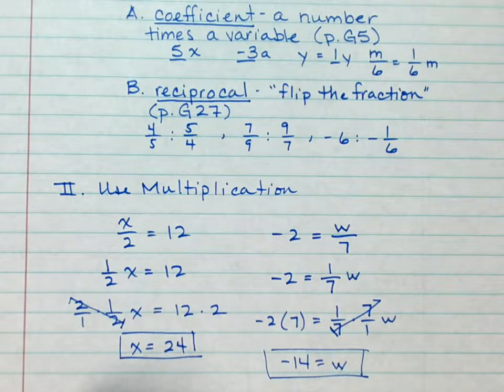Sometimes they'll give you a coefficient where the numerator is going to be greater than 1. Something like 5u over 9 is equal to 35.